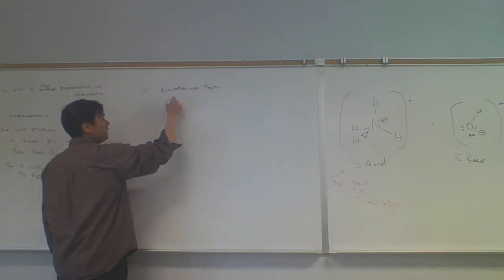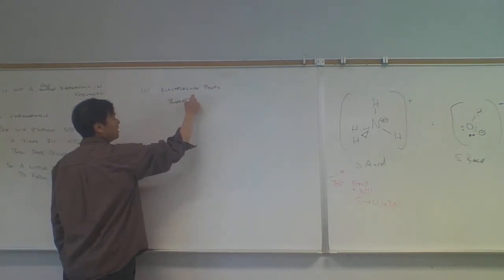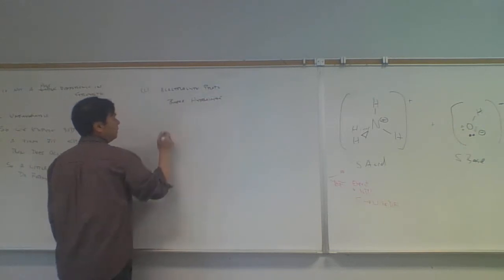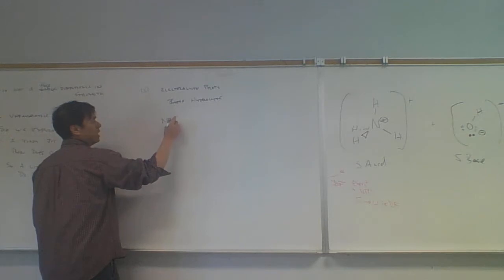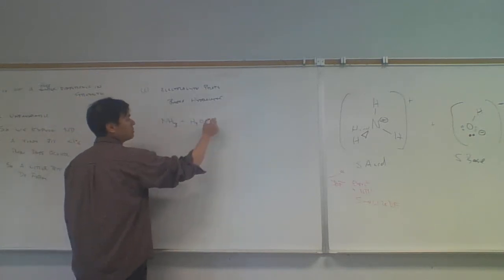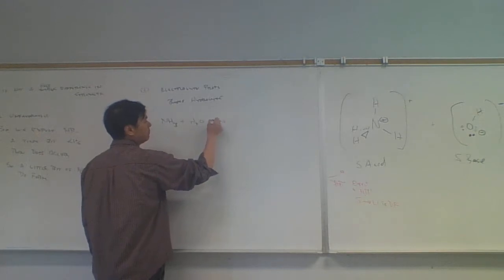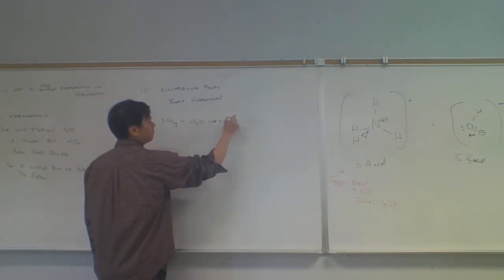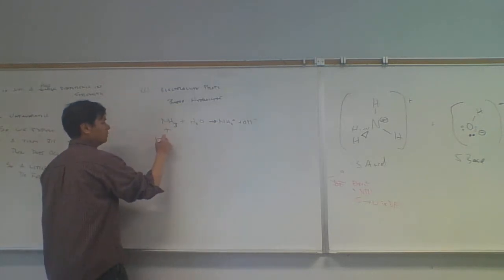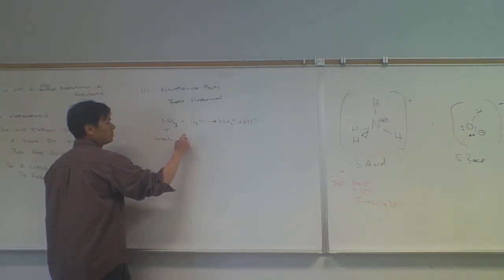What we say is that bases hydrolyze. And so ammonia does not ionize. Ammonia hydrolyzes water. And so ammonia plus water forms ammonium and hydroxide. This is a weak base. Weak bases are weak electrolytes.